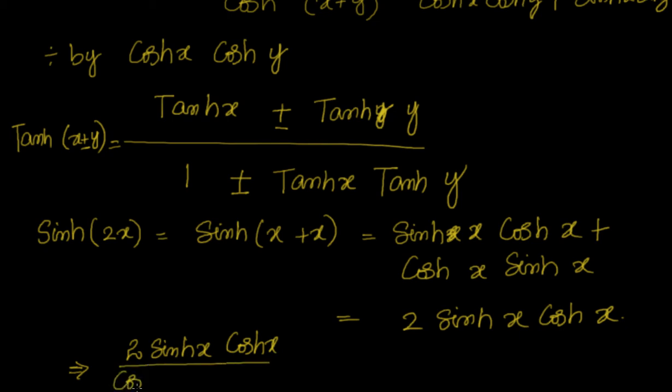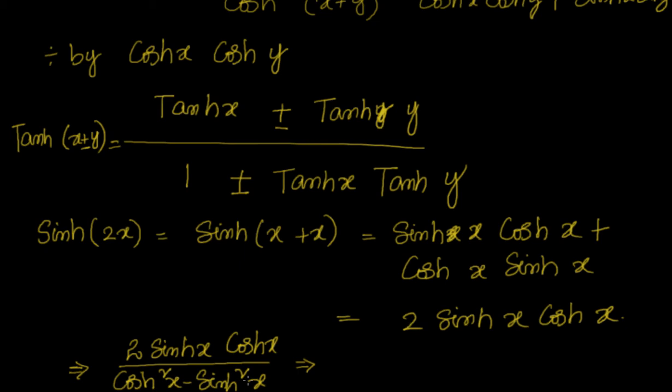Okay, now I can also convert this into tanh by saying 2 sinh x cosh x by 1. You remember, I can write 1 as cosh square x minus sinh square x, because like cos square theta plus sin square theta is 1, in hyperbolic, cosh square x minus sinh square x equals 1.